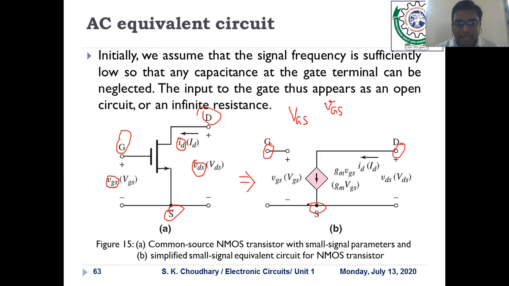After this, as per the MOSFET structure, the source is common, so draw a straight line like this on both sides, input and output. As there is no resistor because the input impedance is very high, it is an open circuit, so we directly draw VGS between the gate and source terminals, positive at the gate and negative at the source.